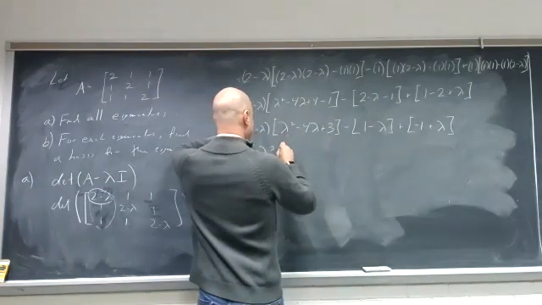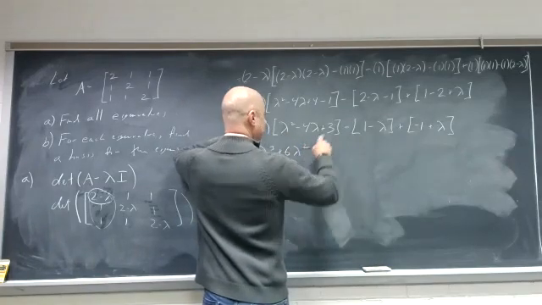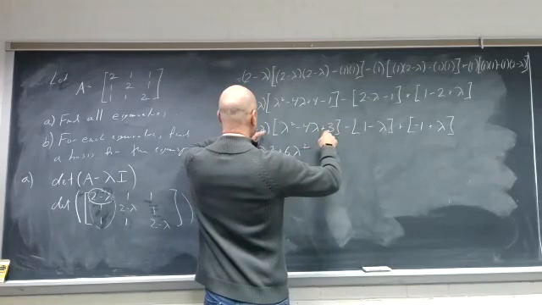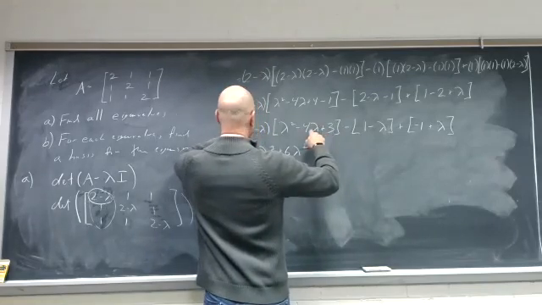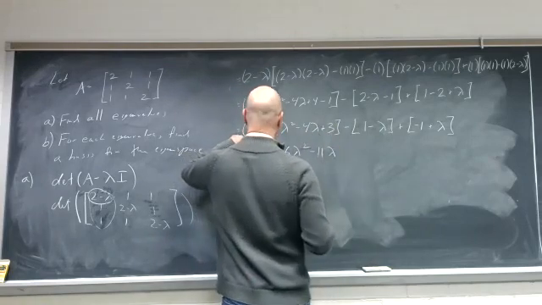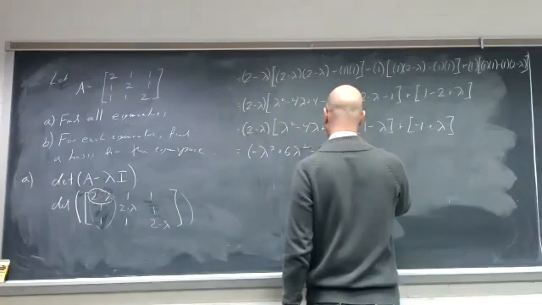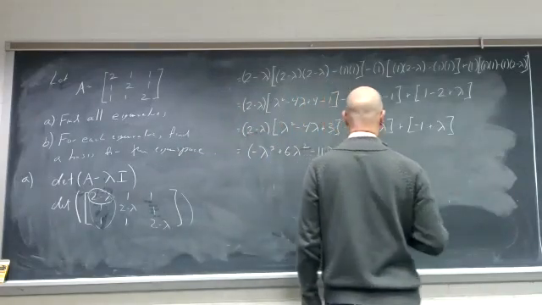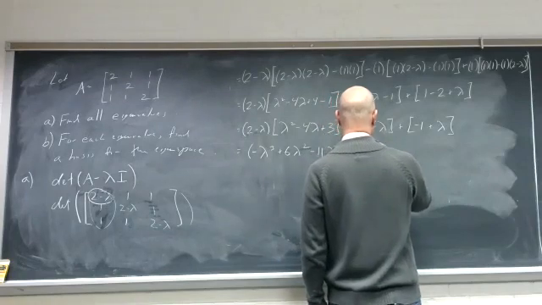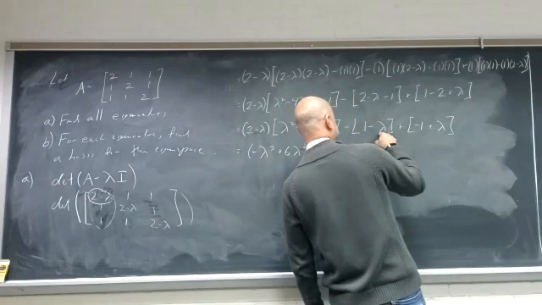Plus 2 lambda squared is plus 6 lambda squared. Let's see. Minus 3 lambda minus 8 lambda is minus 11 lambda. 2 times 3 is 6. Minus 1 plus lambda, after I bring that minus sign in.